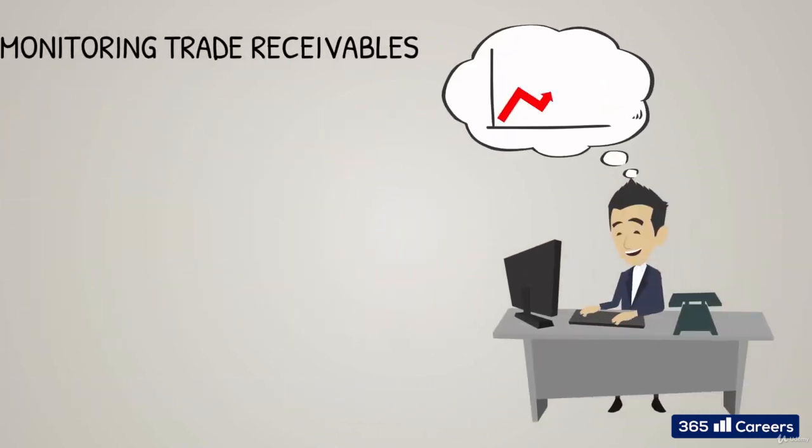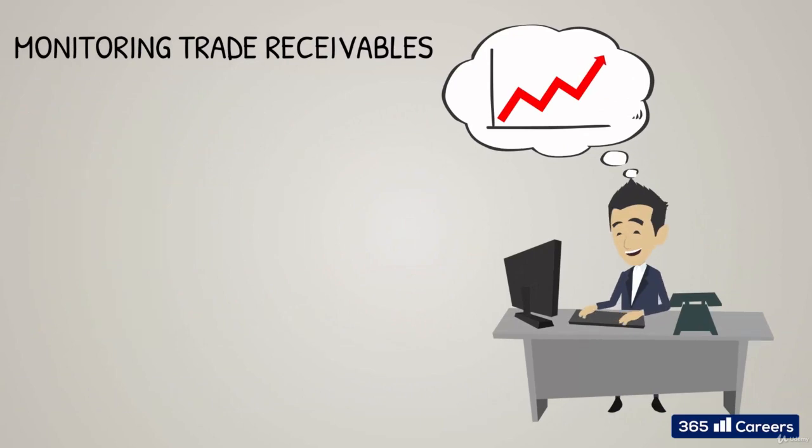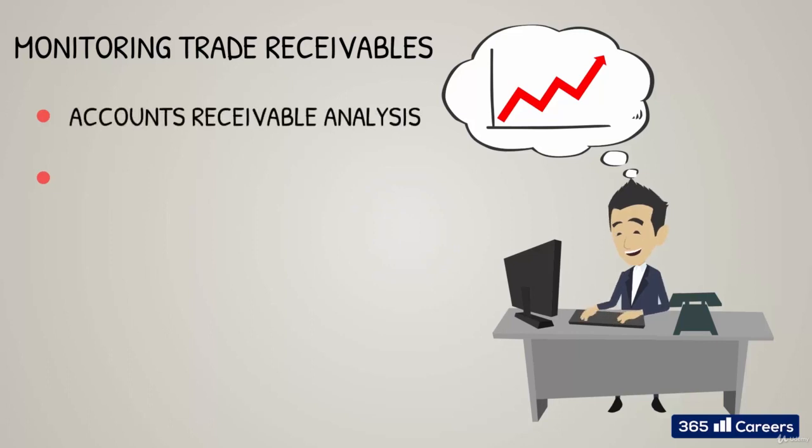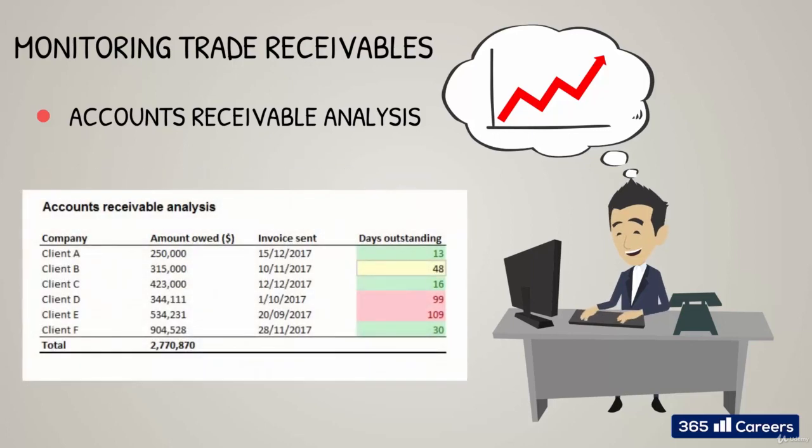We must monitor the development of trade receivables throughout business operations. Two of the most popular ways to do that are carrying out an accounts receivable analysis and a credit utilization report. An accounts receivable analysis looks at the amount owed by each client and the number of days their payment has been outstanding.